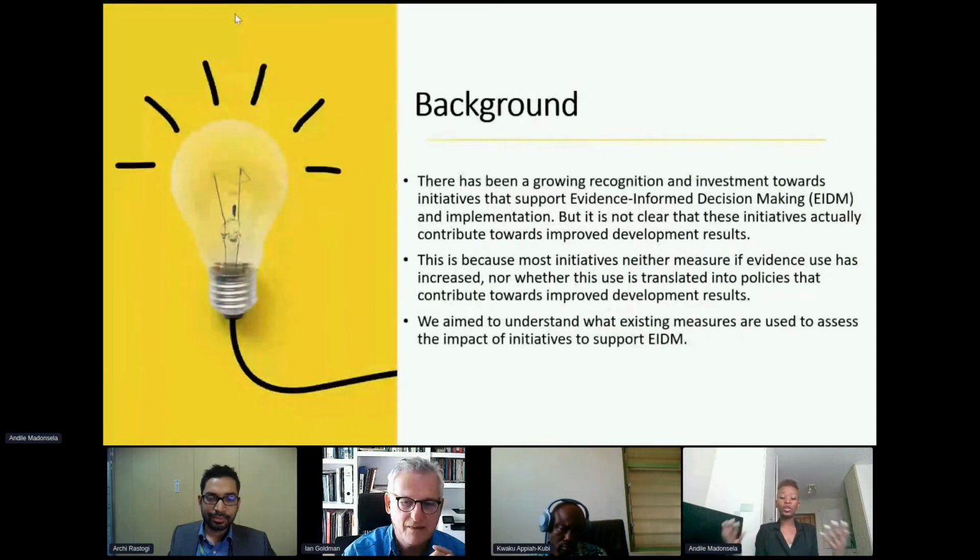So although this growing recognition is good, the issue is that we do not know if these initiatives do in fact contribute towards policies that lead to positive development results, such as reducing inequality and poverty. And this is partly because initiatives do not measure if evidence use has increased.